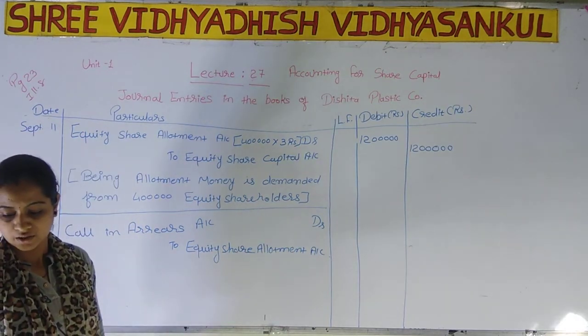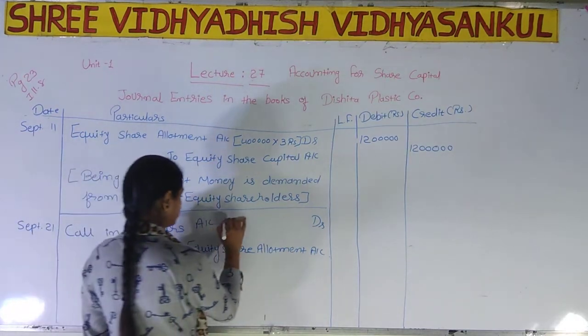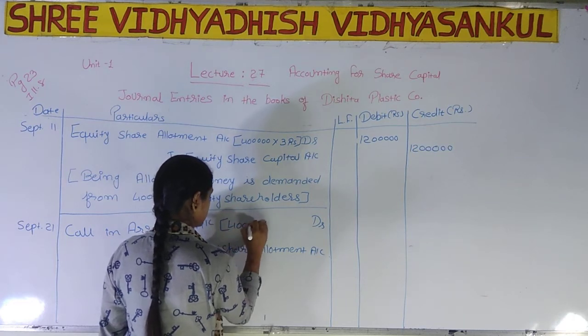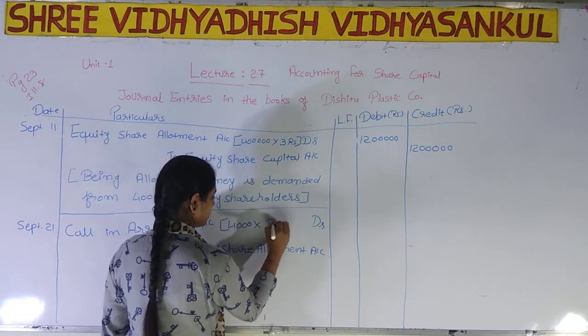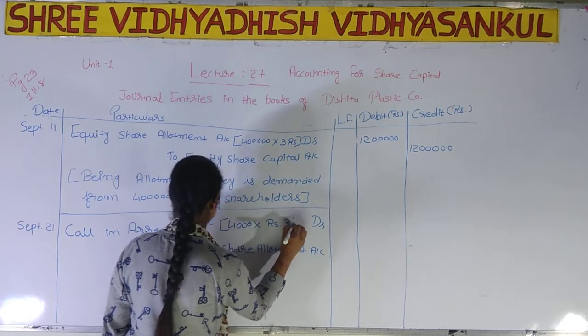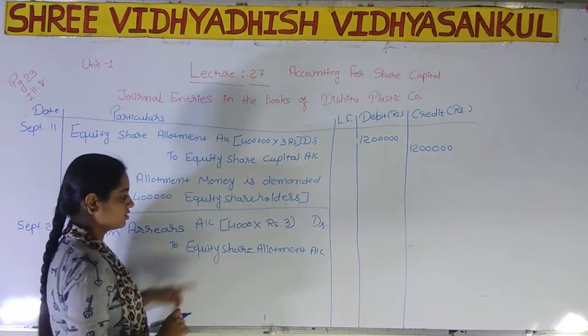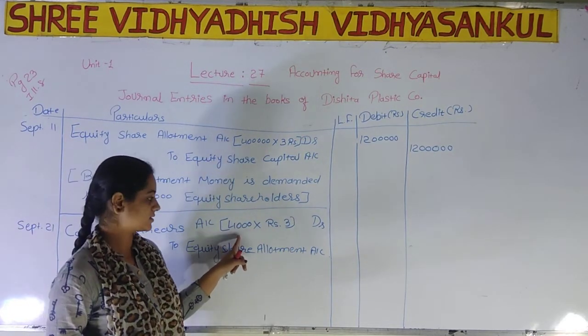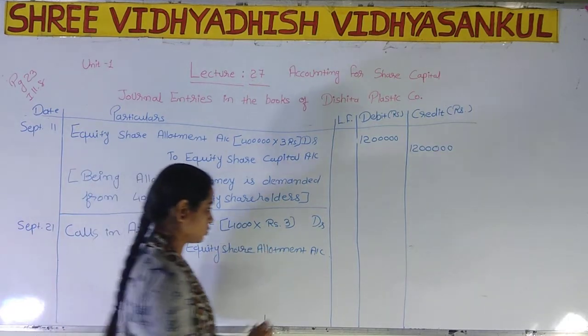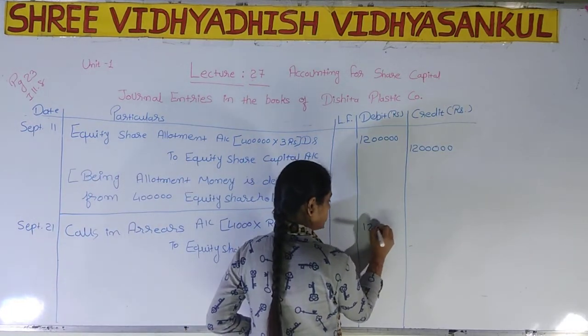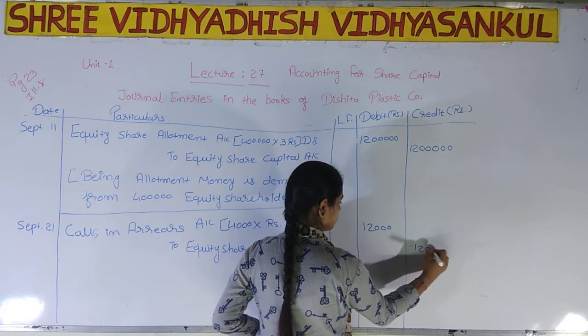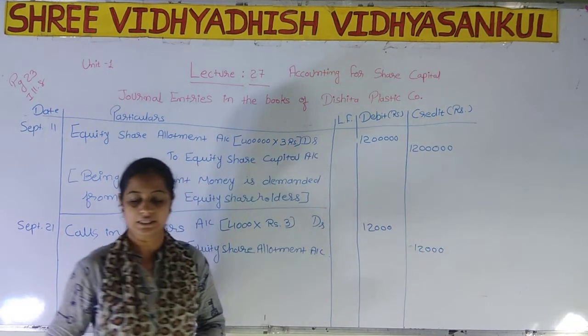Right? See, the number of shares is 4,000, into we have not received 3 rupees. 4,000 shares, we have not received 3 rupees. So in total we have not received 12,000 rupees, right?